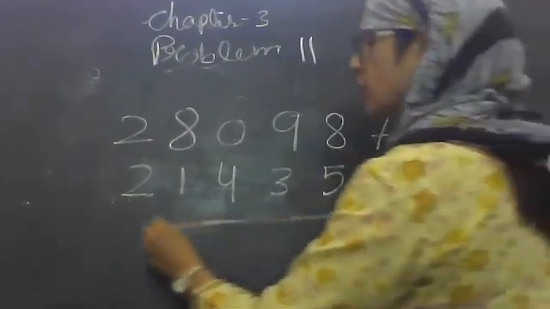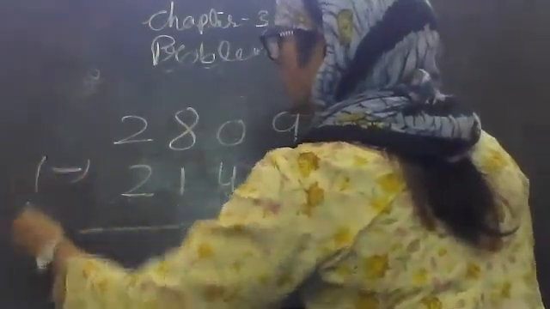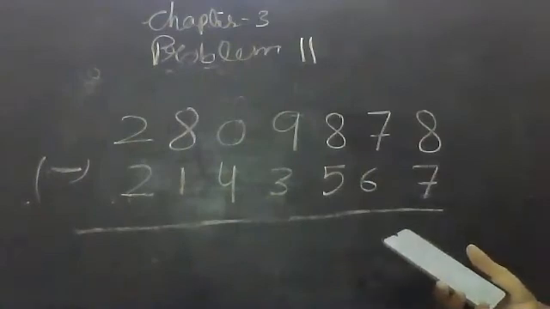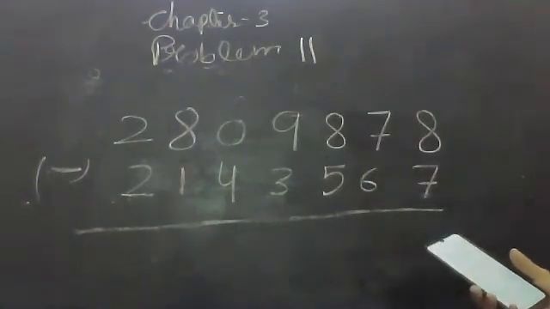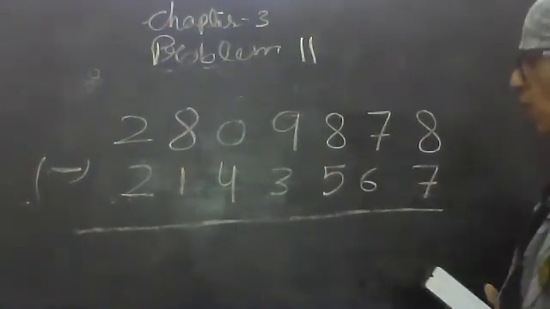To find out how much the population grew, we have to subtract the smaller number from the bigger one.